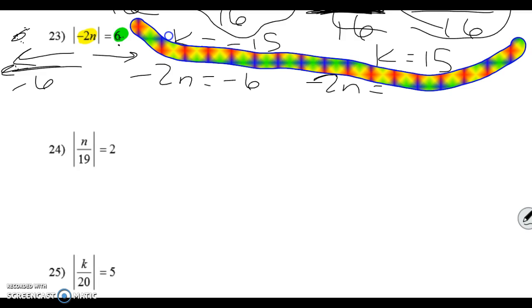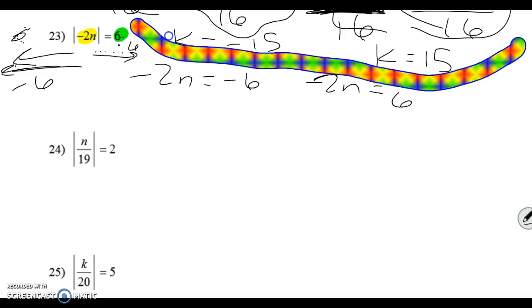And if I go 6 steps this way, 1, 2, 3, 4, 5, I'm going to wind up at positive 6. So everybody should have negative 2n equals negative 6 and negative 2n equals 6.